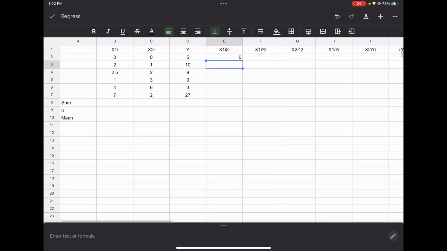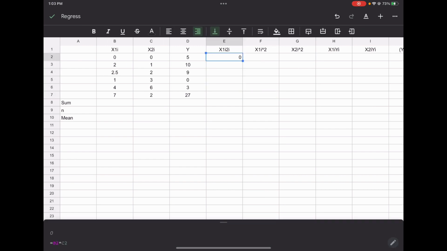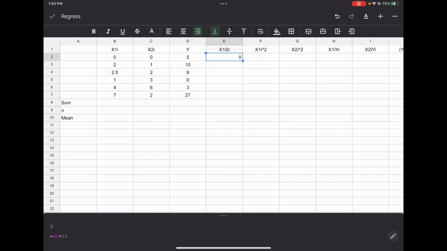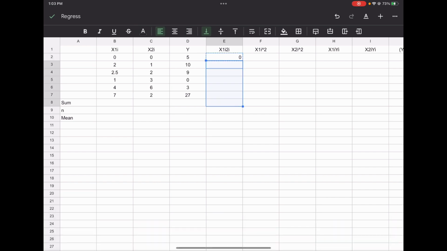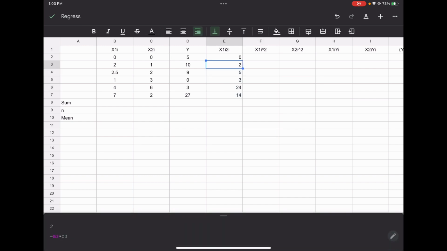That would give us a 0. Okay, so we copy the formula. So 2, 1, and 5.